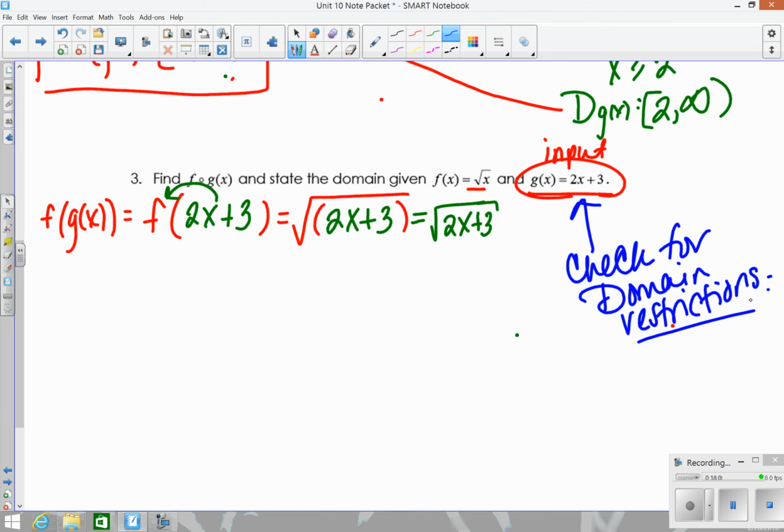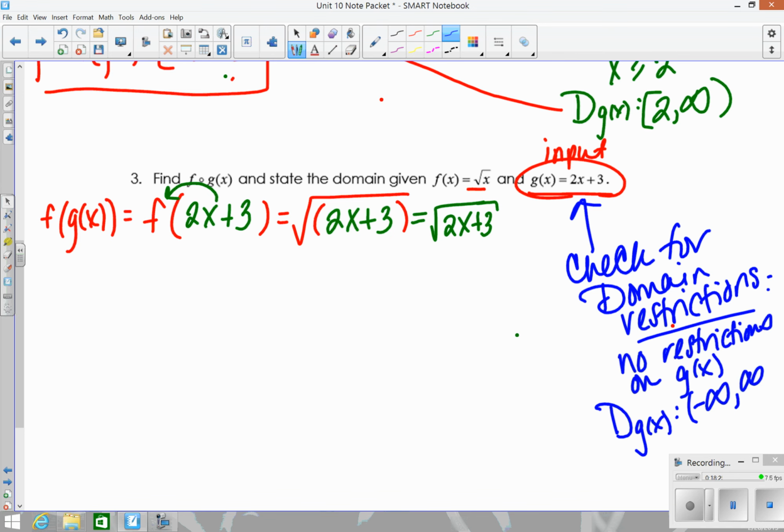So there's no restrictions. So that means that the domain of g of x this time is just going to be negative infinity to positive infinity. So then we compare that to the domain of this.